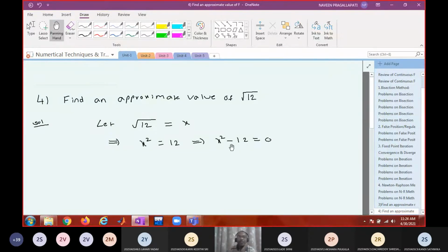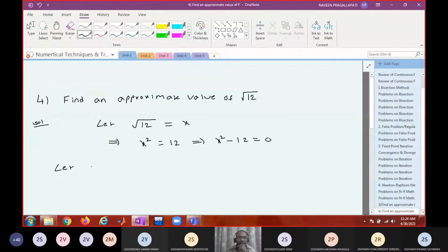Now can we apply Newton-Raphson method for this? Newton-Raphson method is to find out a root of the equation. This is not an equation, this is just a number. You understand? So from this we are finding an equation for which root 12 is a positive root. Am I right?